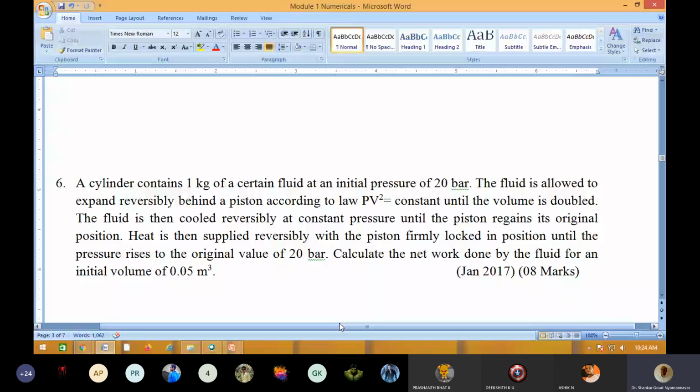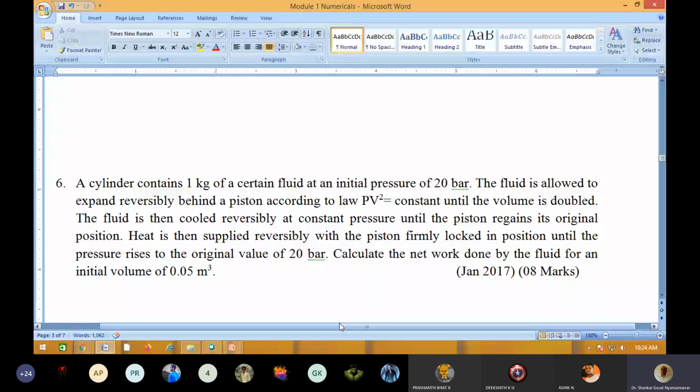At constant pressure, when we did cooling, volume decreased. At constant volume, when we do heating, it increases the pressure. Okay. So this is how there are 3 states and 3 processes. System goes from P1 V1 to P2 V2, P2 V2 to P3 V3. Then from P3 V3 it goes to P1 V1. It comes back to P1 V1.